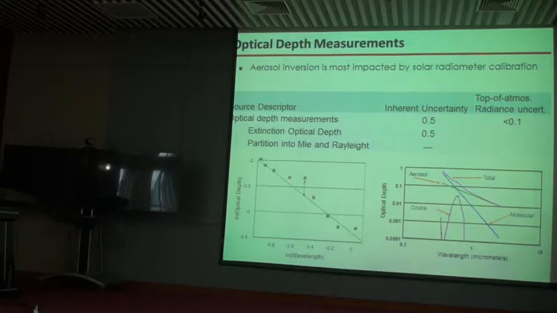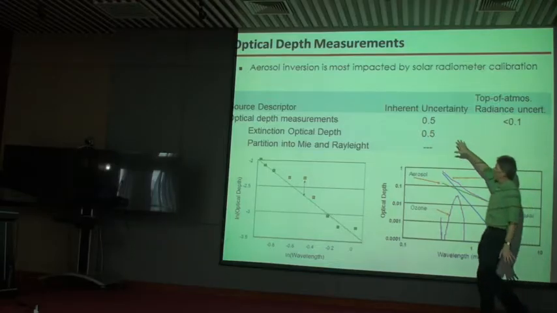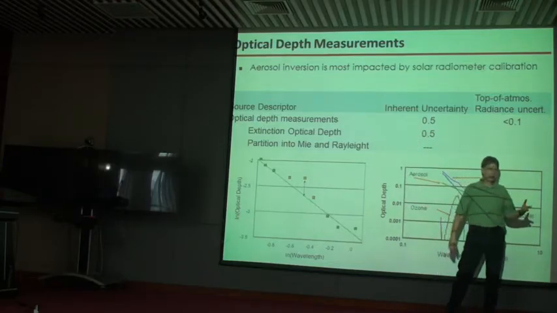If I have enough days where I have confidence that it's a clear sky condition, and we do comparisons between radiometers, both calibrated at the same location, with the same dates, same location with different dates, different locations on the same dates or nearly the same dates, different locations, all the different combinations and permutations. When we bring those radiometers back together and have them operate, they all agree to 0.5% in optical thickness.